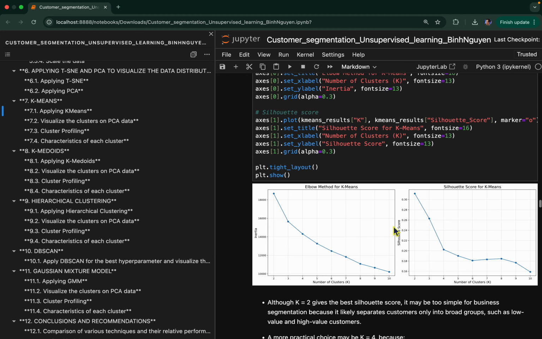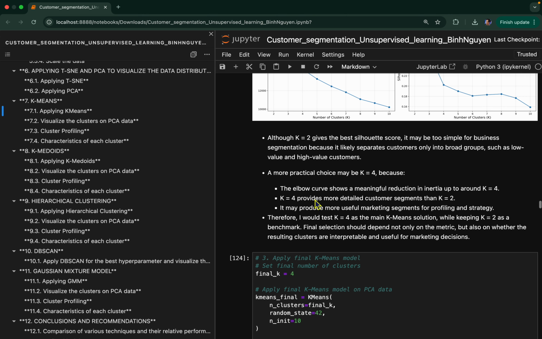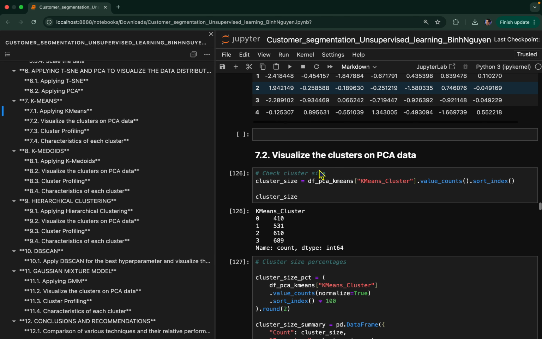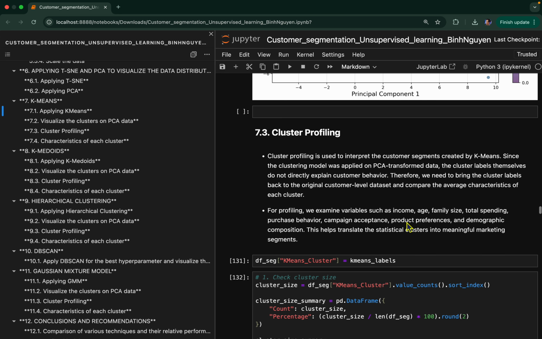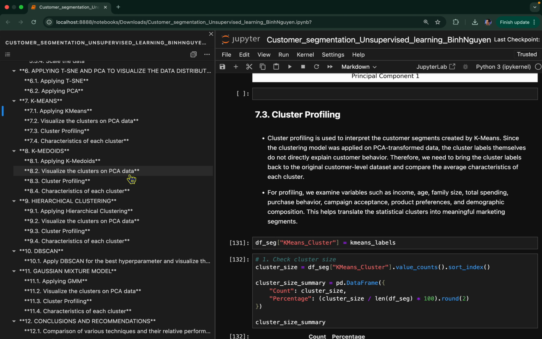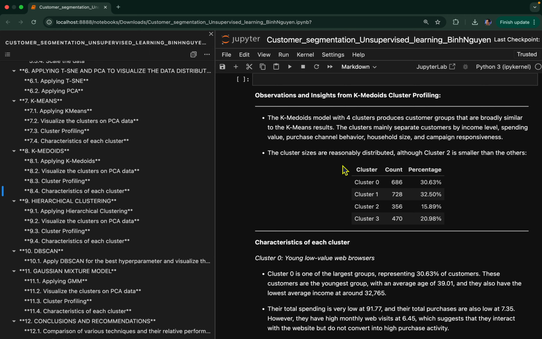For example, for k-means, I choose the model based on the silhouette score as well as using the elbow method. Here I also discuss, apply, and visualize them. So it makes sense to some extent, right? I also try to explain the meaning of each cluster proposed by the model, in terms of business usefulness.